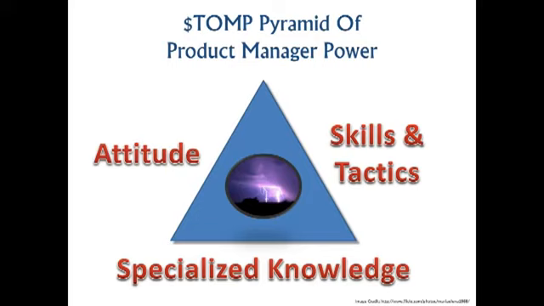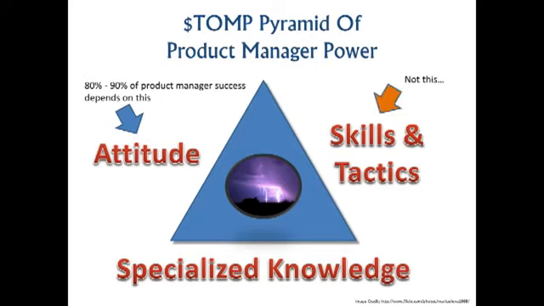Now, it turns out that these 3 sides of the product manager power pyramid aren't all balanced. It turns out that attitude really is about 80 to 90% of a product manager's success. How you view yourself and how you view your product is actually a lot more important than your mastery of any sort of product manager skills or tactics, or for that matter, your specialized knowledge about your product or your market.